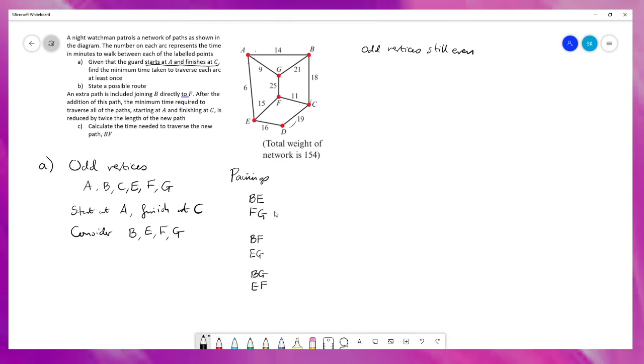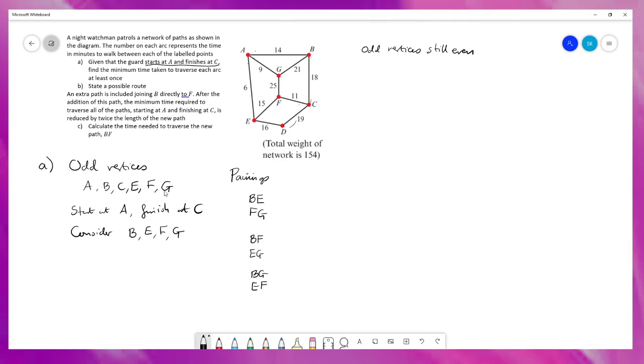So here are our possible pairings. So we've got B and E, and then F and G, B and F, E and G, B, G, E and F. So exactly like the normal Chinese Postman method. And that's exactly what we're going to do. This is the extension. This bit here, removing 2 of the vertices.